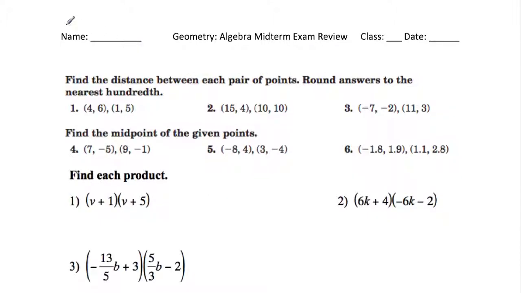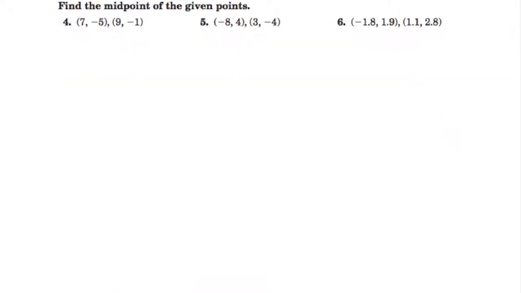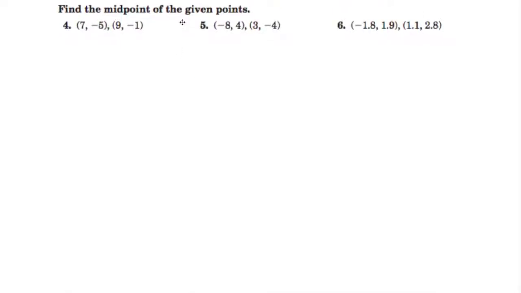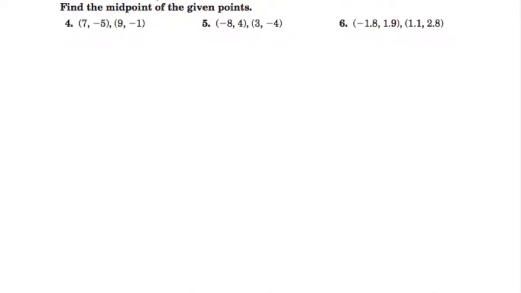All right, so here's the whole sheet as a whole. So next up, we're finding the midpoint. We want to find the midpoint formula. I'll just write it out here. Midpoint formula is just going to be x1 plus x2 over 2, comma, y1 plus y2 over 2.